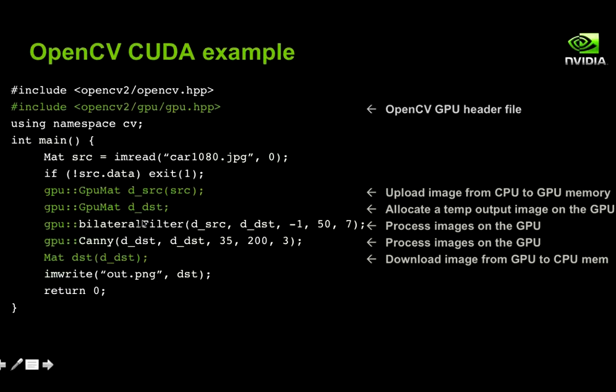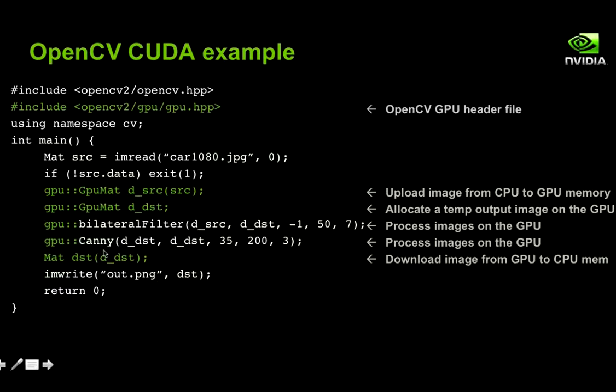Then you would also create, on your GPU memory, a space for storing the result. Note here that you're using the GPU namespace to differentiate the GPU functions from the CPU functions. And then you would do the processing using the bilateral filter on the GPU.